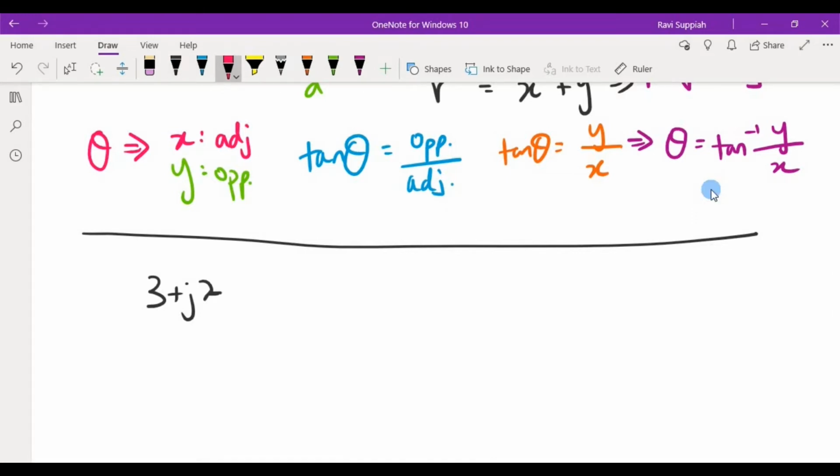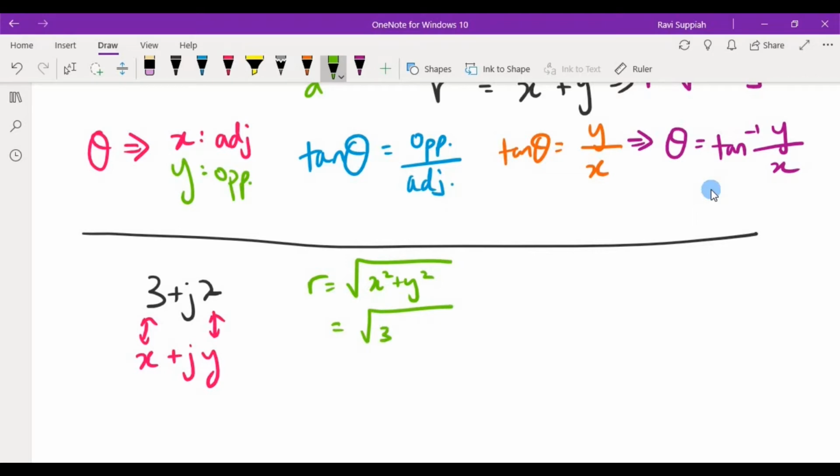If we relate it back to our generic expression x plus jy, x is 3 and y is 2. From there you can find your r. We saw that r is the square root of x square plus y square, which is the square root of 3 square plus 2 square, which is 9 plus 4, 13.